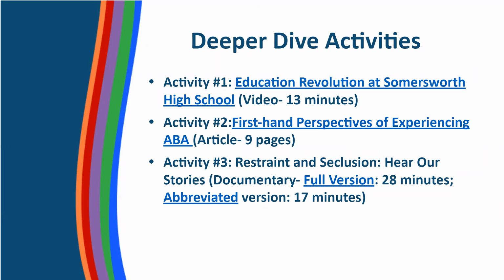Activity number 1, Education Revolution at Somersworth High School, shows a high school's transition from a punitive consequence model to a positive behavior support model that shifts the culture and community in the school to provide comprehensive behavior supports and really involve students in that process in a meaningful way.